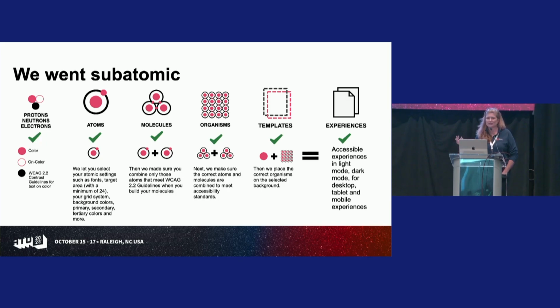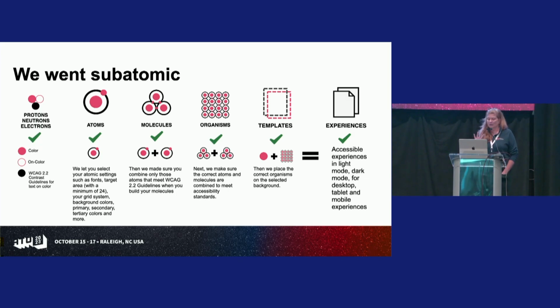On colors are really a principle introduced by Material, but Material doesn't actually require that your on colors meet the WCAG requirements. What we do, out of the box, is pair every one of your colors with an on color that will make sure that it meets the accessibility requirements for any colored text or icon that goes on top of that. From there, we help you select your atoms.